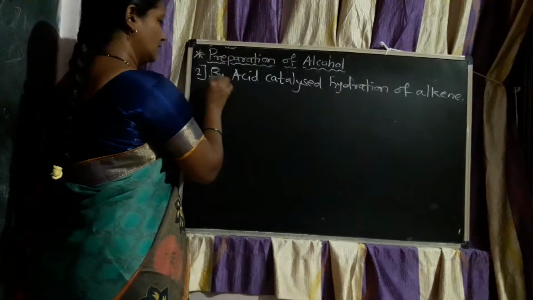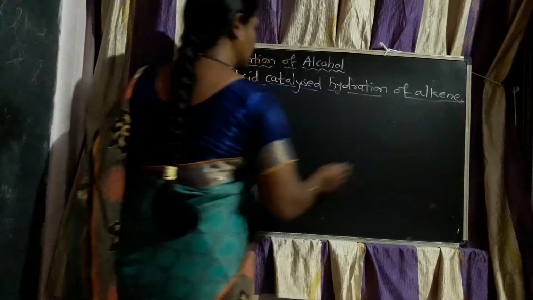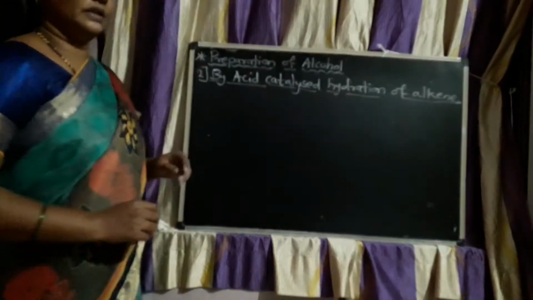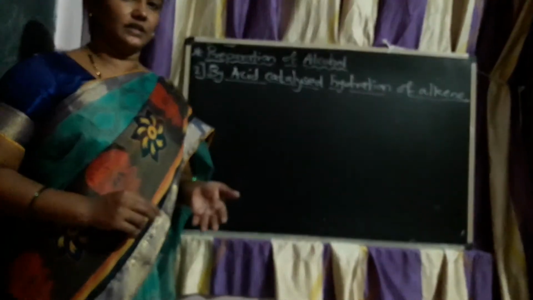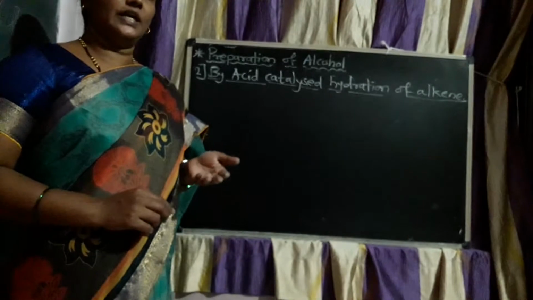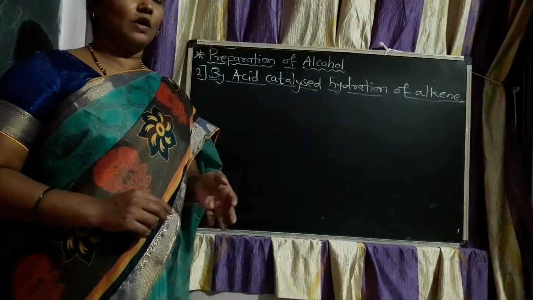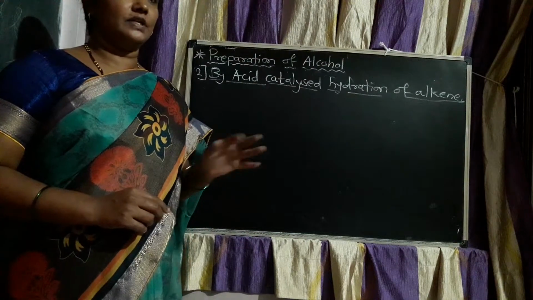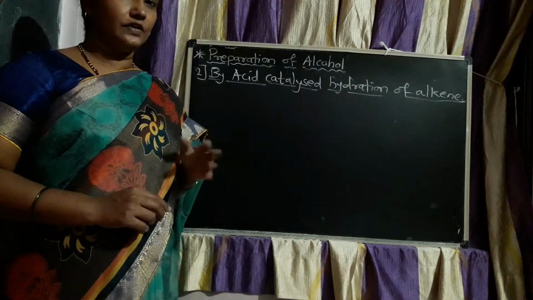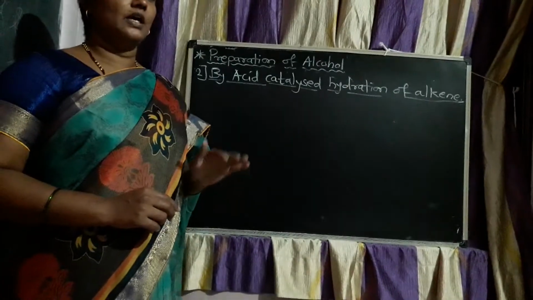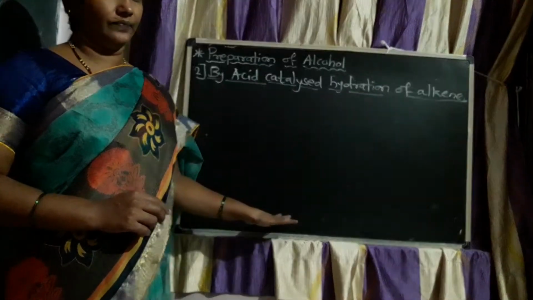This is the second method, by acid catalyzed hydration of alkene. Now in this one, sulfuric acid H2SO4 is added to the alkene according to Markovnikov's rule. Then it first forms the alkyl hydrogen sulfate, which on hydrolysis forms the alcohol.